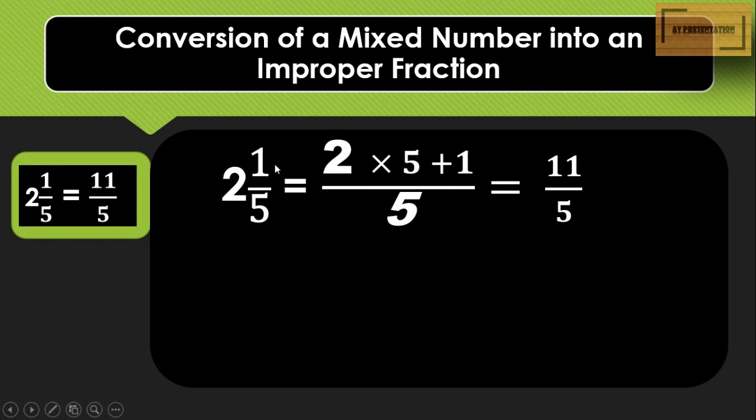So 2 complete 1 upon 5 is equal to 2 multiplied by 5 plus 1. 2 is the complete number, multiplied by denominator 5 and plus numerator 1, upon 5. That is 2 multiplied by 5, which is 10, plus 1 is equal to 11, and 5 is written as it is. So the mixed number 2 complete 1 upon 5 is converted into 11 upon 5.